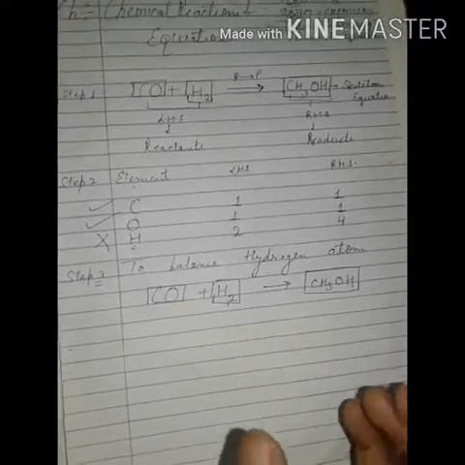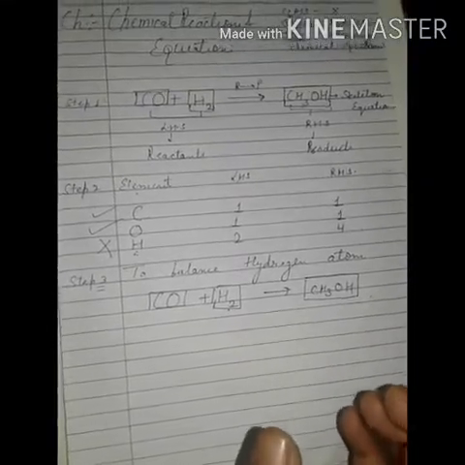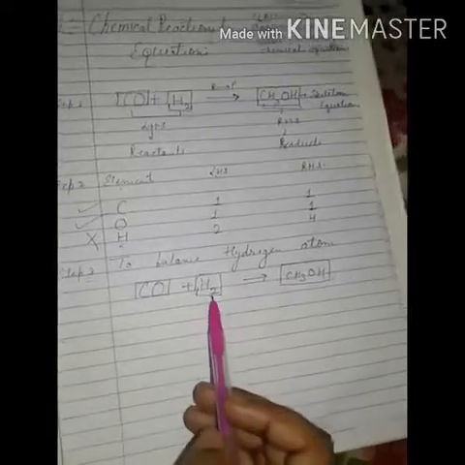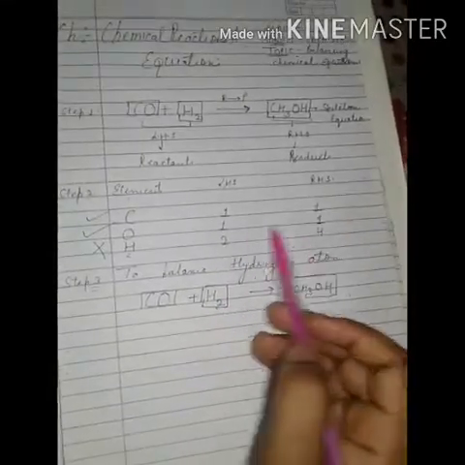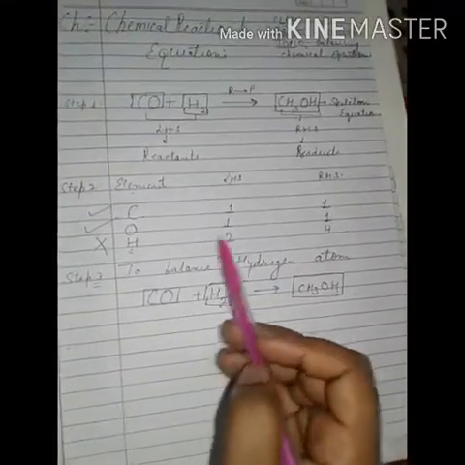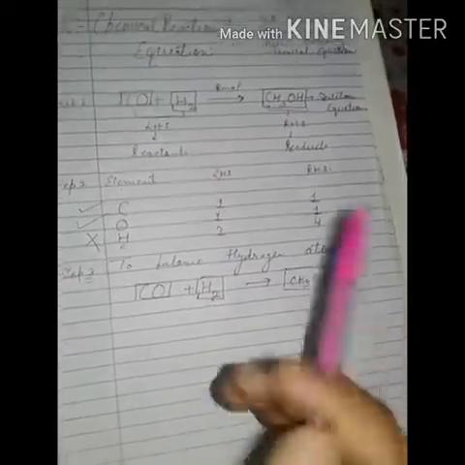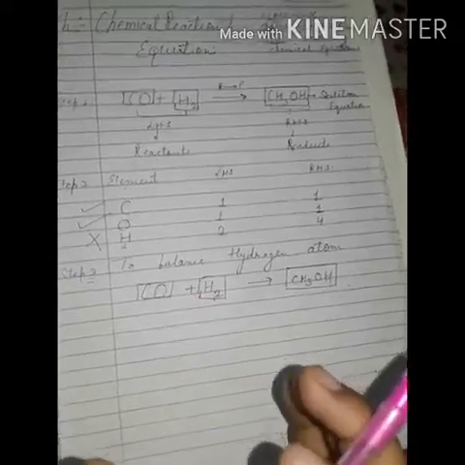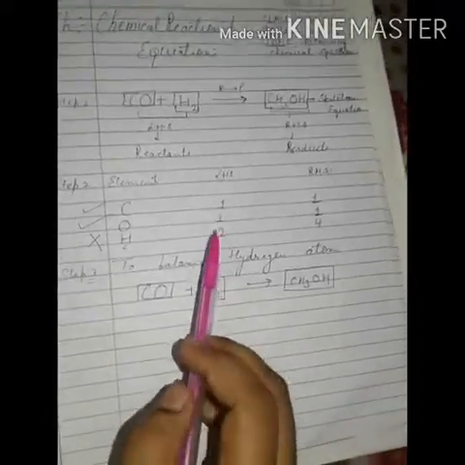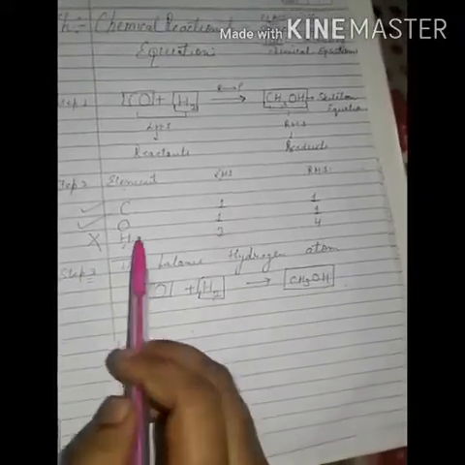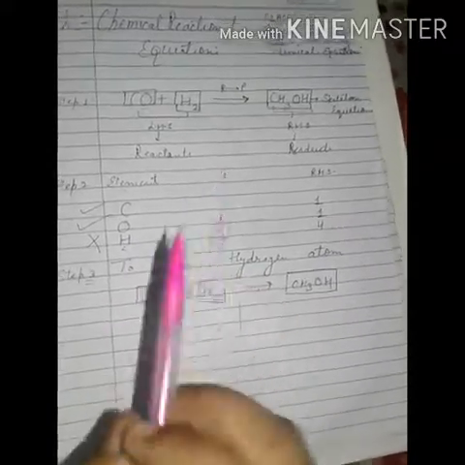Now you have to count where the number of hydrogen atoms is present in the smaller number. From this table also you can see the smaller number of hydrogen atoms is present at the left hand side. It means that whatever digit I'm going to use, that digit will be used on the left hand side.